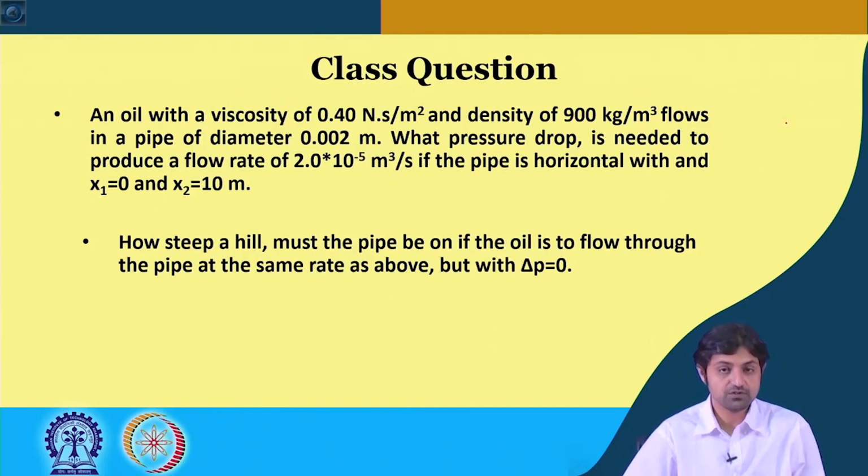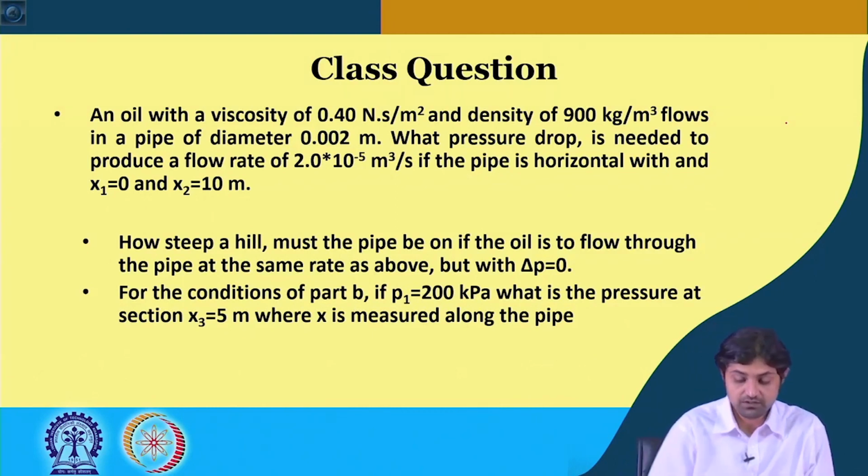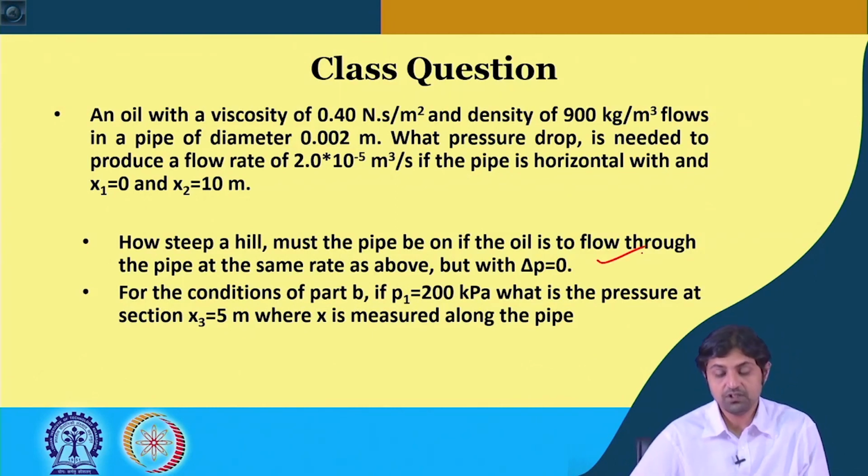That is the first question. Another question is, how steep a hill must the pipe be on if the oil is to flow through the pipe at the same rate as above with delta p equal to 0. And the third, for the conditions of part B, if P1 is equal to 200 kilopascal, what is the pressure at section x3 equal to 5 meter, where x is measured along the pipe.